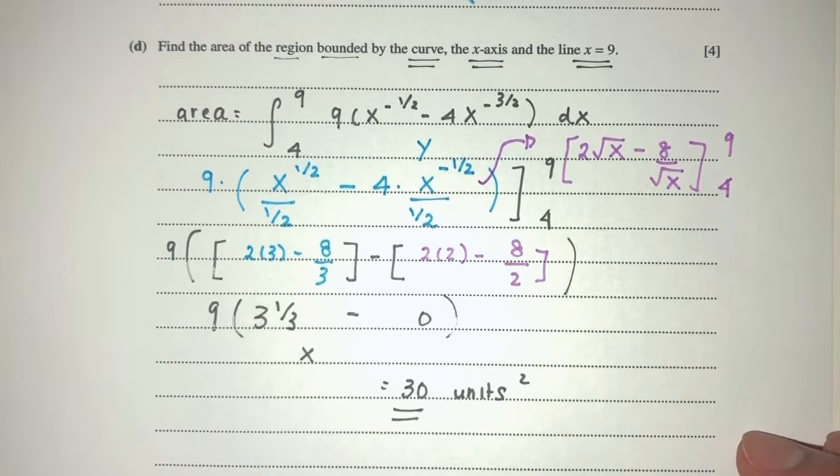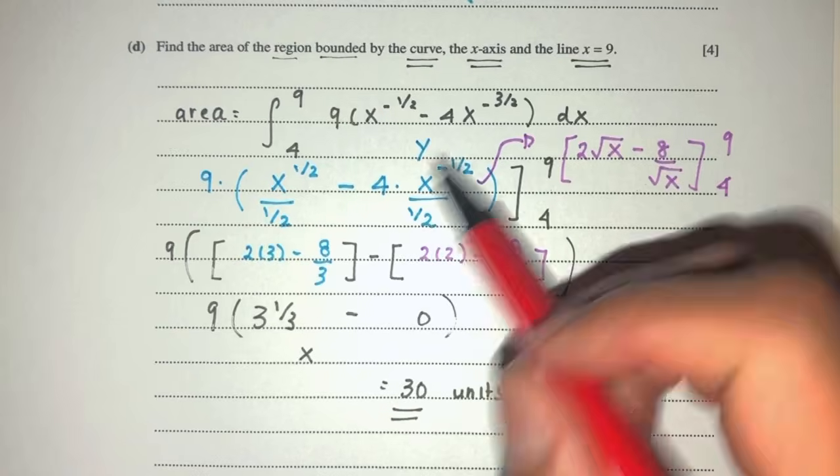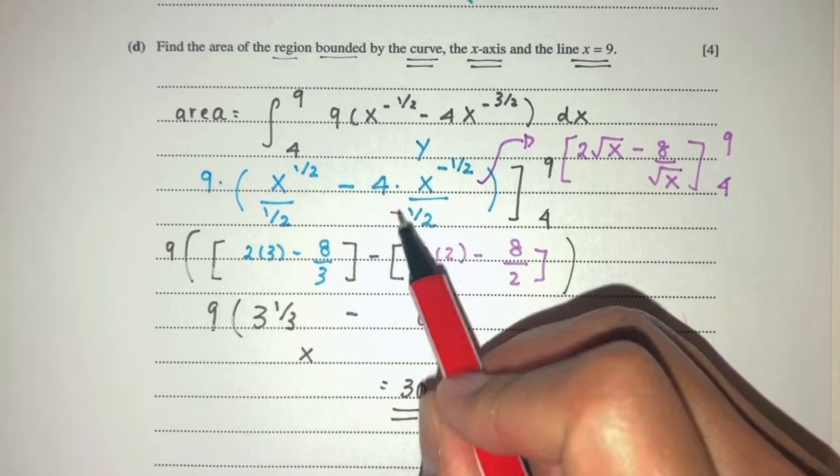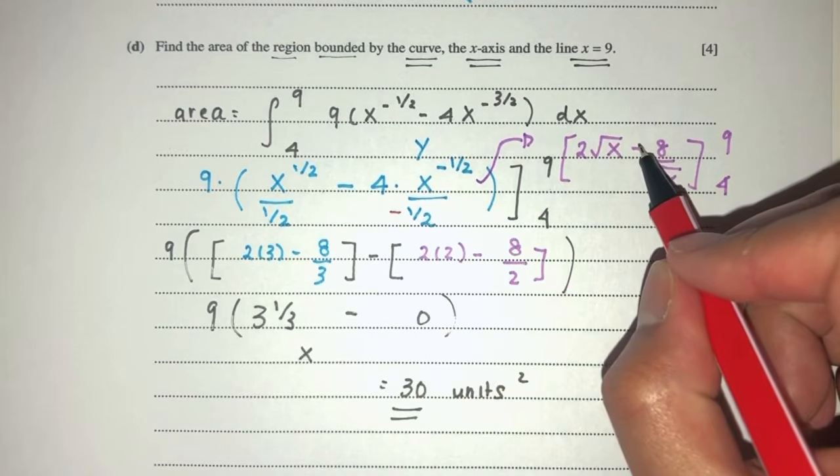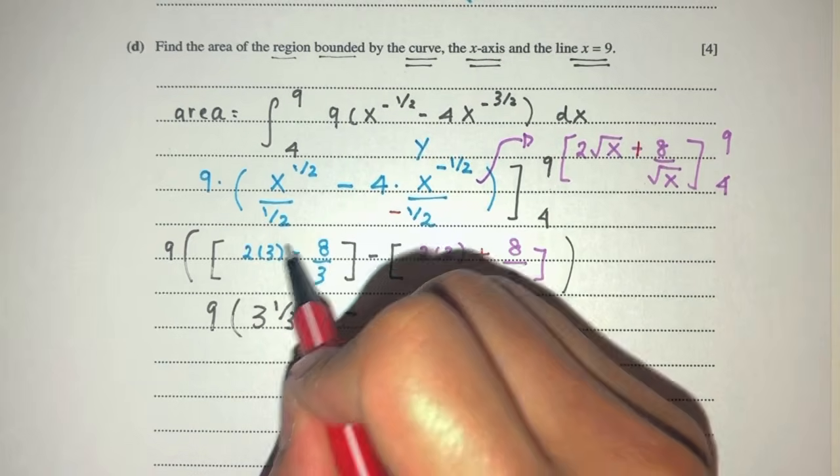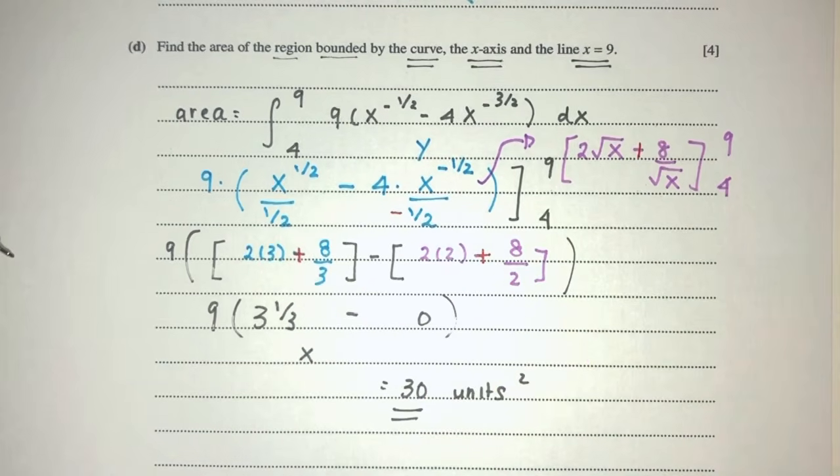Okay, so here I was able to find a mistake. What happened was when you divide by minus half, I forgot to put minus here. So that will become plus, that should be plus here, plus and plus. So this will not be the answer.